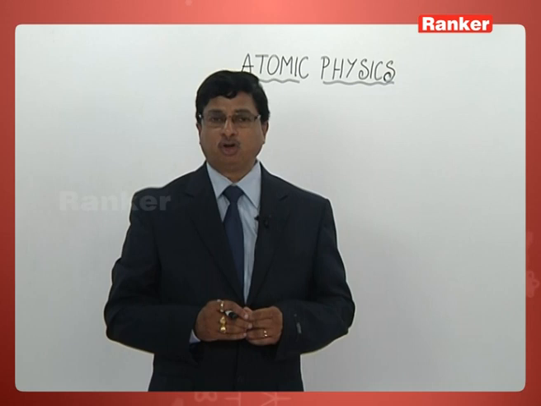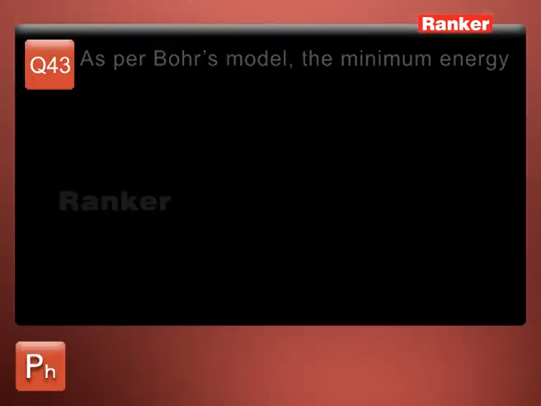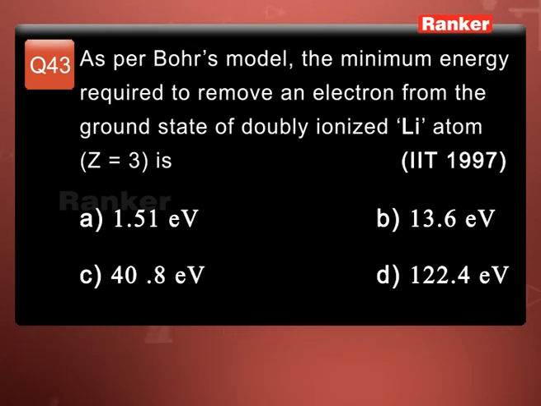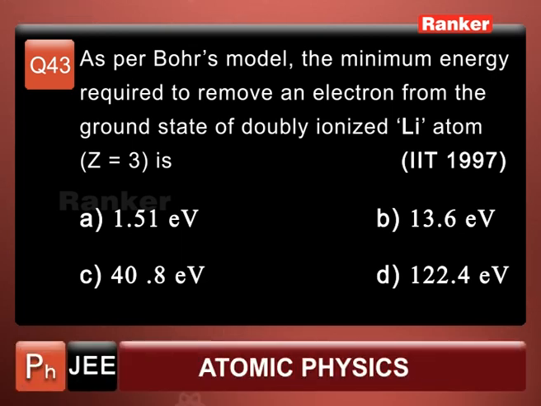Next number is 43. As per Bohr's model, what is the minimum energy required to remove an electron from the ground state of a doubly ionized lithium atom? Of course, Z is given as 3 in the problem itself. This question was given in 1997 in the IIT paper.